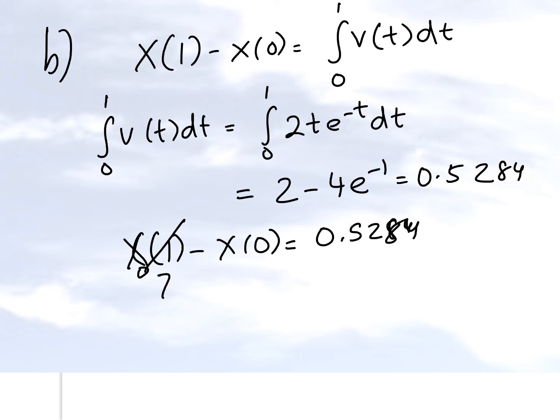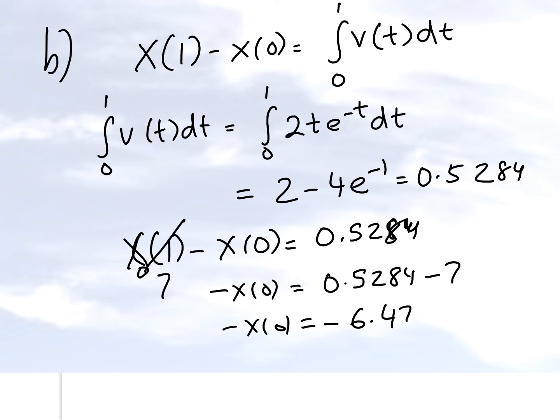So what will be x of 0? We'll have minus x of 0 equal to 0.5284 minus 7. Take 7 to the right side. So we get negative x of 0 is equal to minus 6.4716. And that gives us x of 0, that the location at 0 seconds is 6.4716 meters.